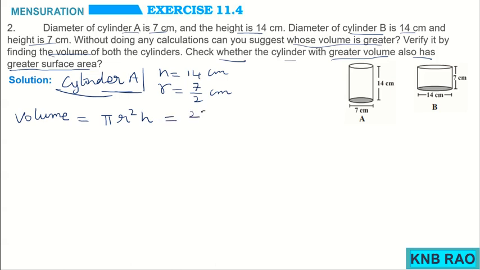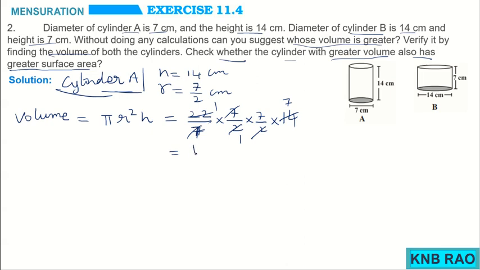where pi is substituted as 22 by 7 and r, you know, it is 7 by 2. So, r square will become 7 by 2 into 7 by 2 and h is substituted with 14. Now, this 7 cancels with this 7 and here I can cancel 2 with 14, this 2 with 22.